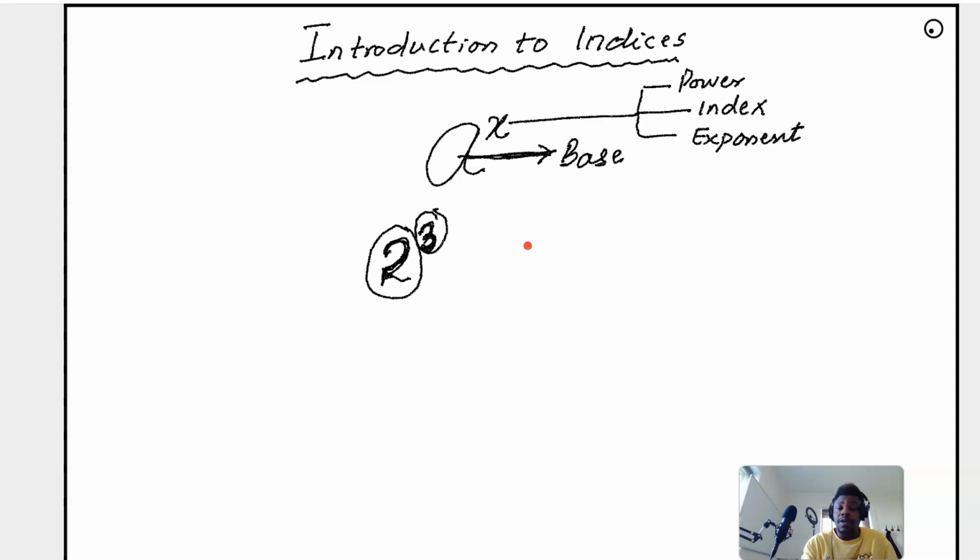If somebody tells you to write 4 exponent 3, or write 4 index 3, or write 5 raised to power 2, this is 4 exponent 3, 4 index 3, and 5 raised to power 2. So any mathematical expression or equation written in this form, a raised to power x, is an indicial expression or equation.